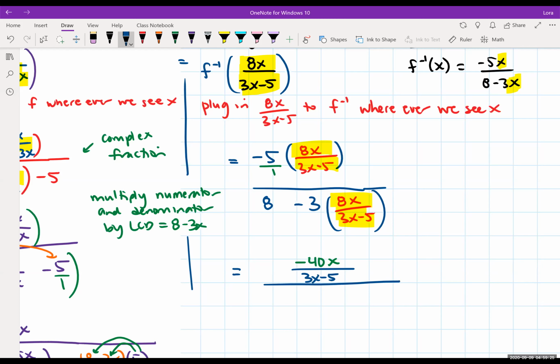A little nicer version. We still have 8 in the denominator, but when we multiply the negative 3, that's also over 1, we would get minus 3 times 8x, which is 24x, all over 3x minus 5.